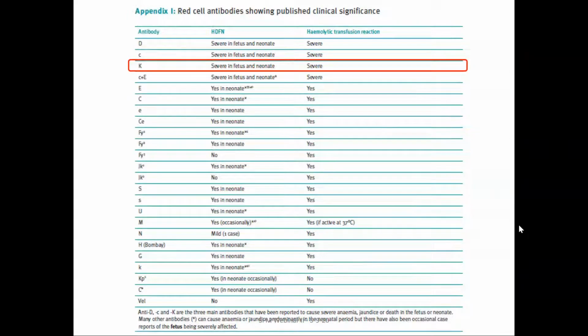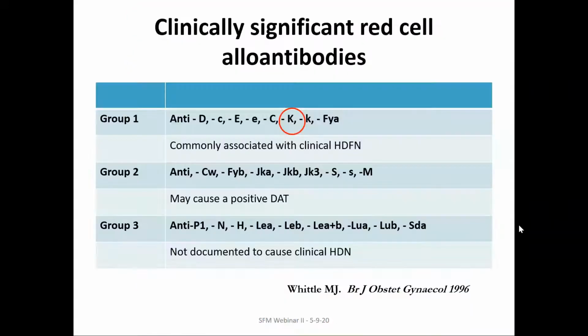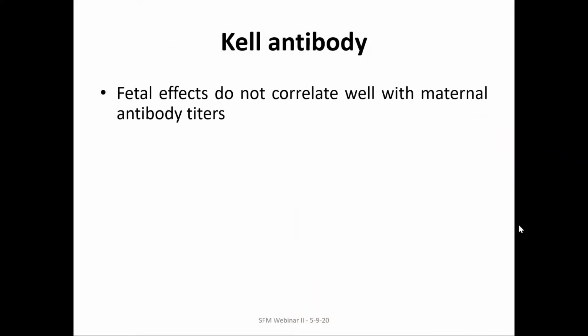The KEL antibody is quite unique in the sense that, one, it belongs to group 1 and therefore could cause clinical hemolytic disease of certain significance. But more than that, it is also unique in that if it is present, you would expect that the fetal effects do not really correlate well with maternal antibody titers.